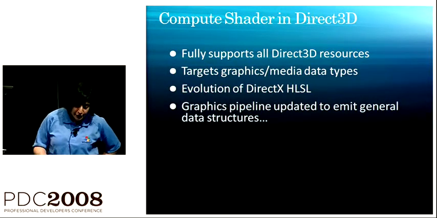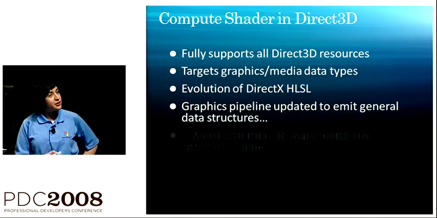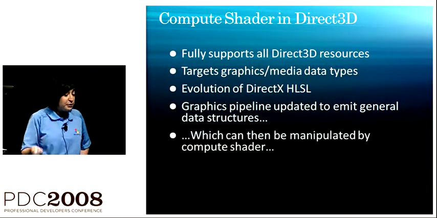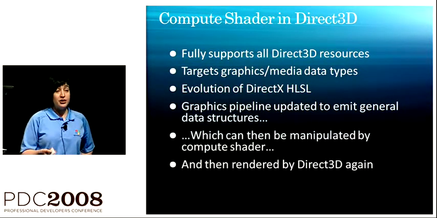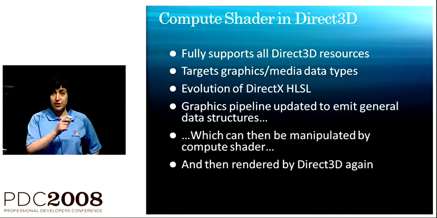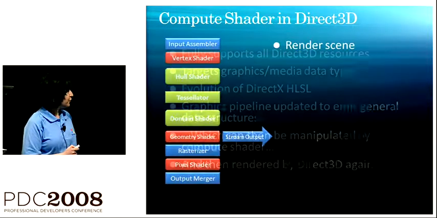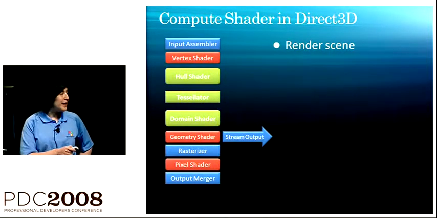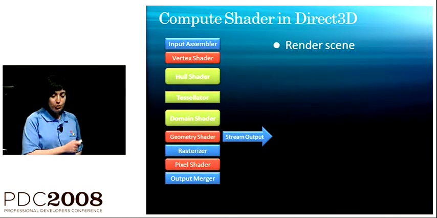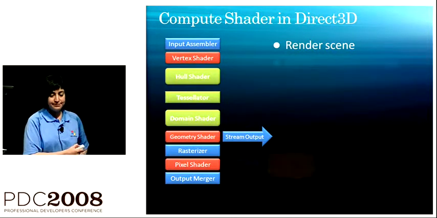So basically, the graphics pipeline has been updated to emit general data structures that can then be manipulated by this compute shader and then rendered if you wanted to by Direct3D again. This isn't the only way to use it, but it's an easy way to think about it, and that's how we're going to talk about it for the rest of this talk. So getting back to our pipeline diagram, we're going to render a scene.